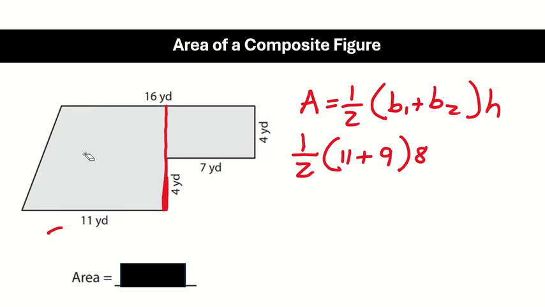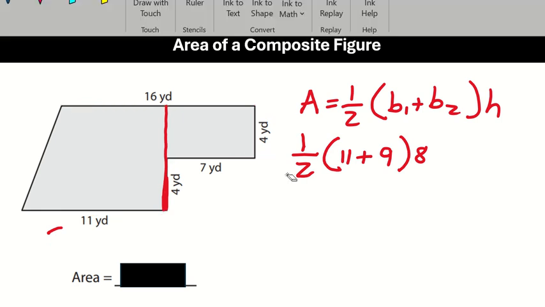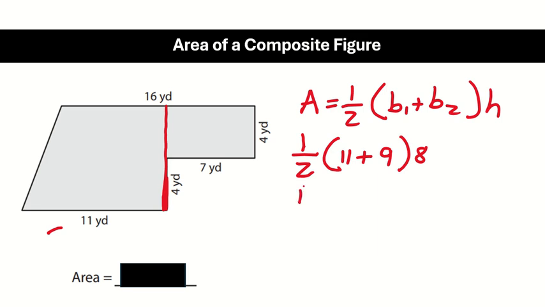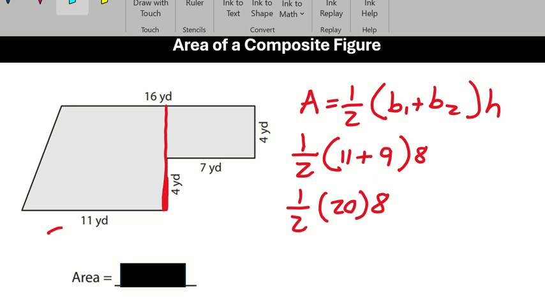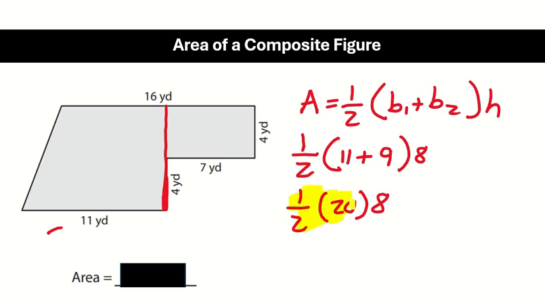Okay. So now that we've figured out our dimensions, we can use the order of operations, beginning with the inside of the parentheses. 11 plus 9 is 20. And now we have half of 20 times 8, or 1/2 times 20 times 8. Now, remember, when we're multiplying by a half, we're just simply dividing by 2.